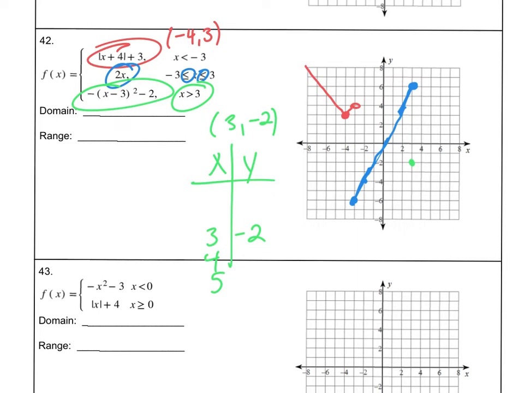So when I plug in 4 to that, again, using a calculator, negative parenthesis 4 minus 3, close parenthesis squared, minus 2 gives me -3. And then go back and put in 5, gives me -6. So now I've got 3 points here, and I've already told where this is defined, right?